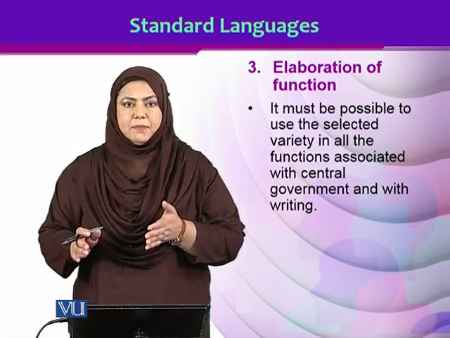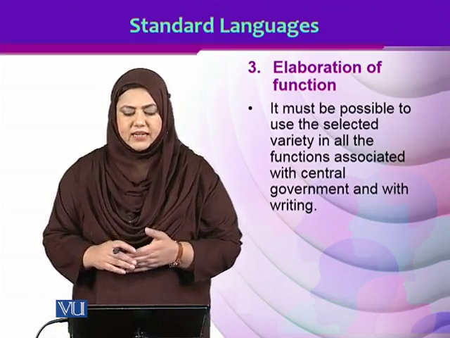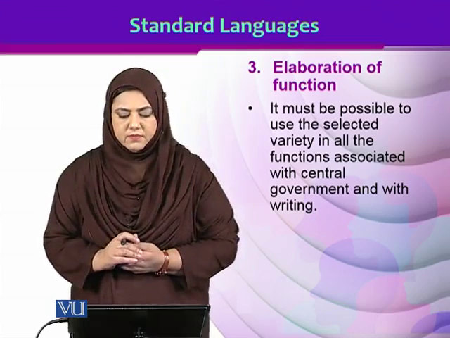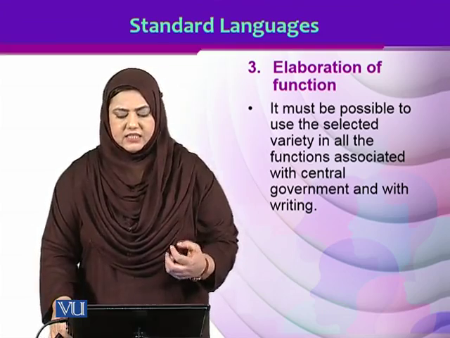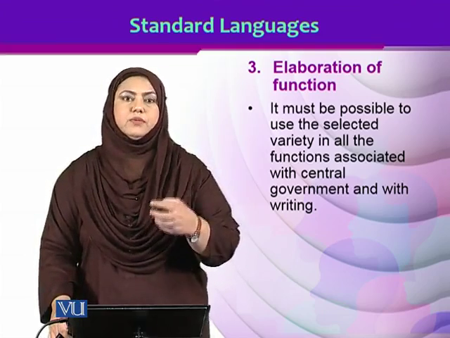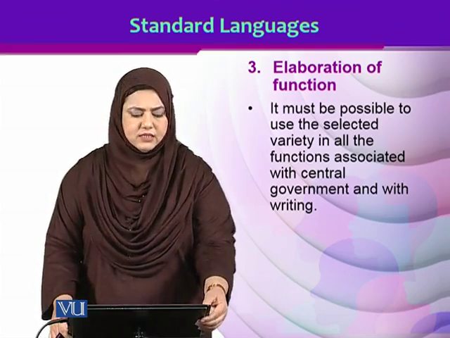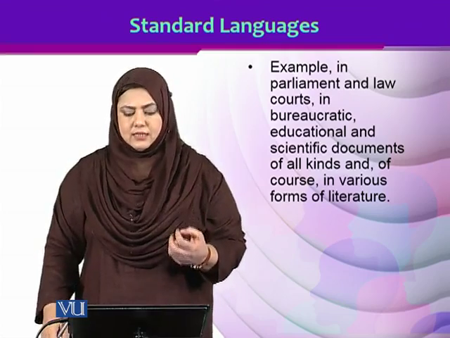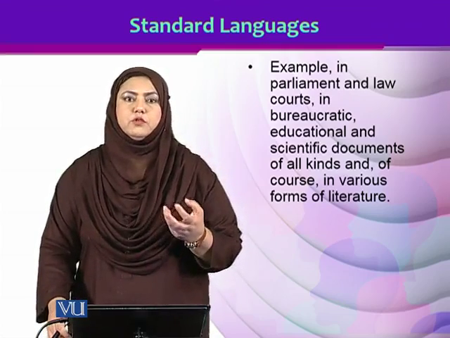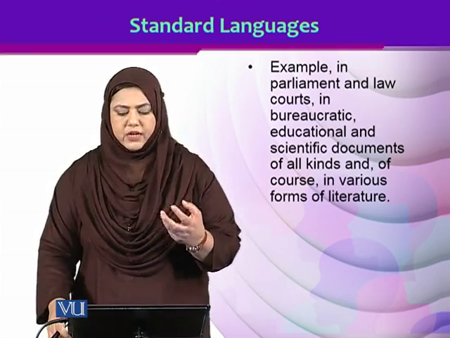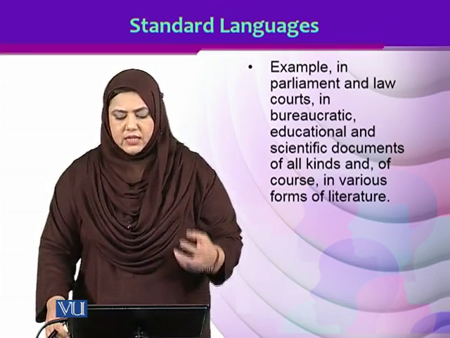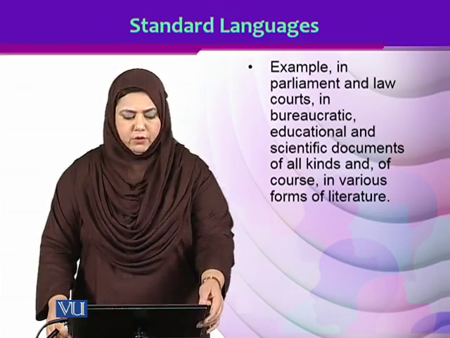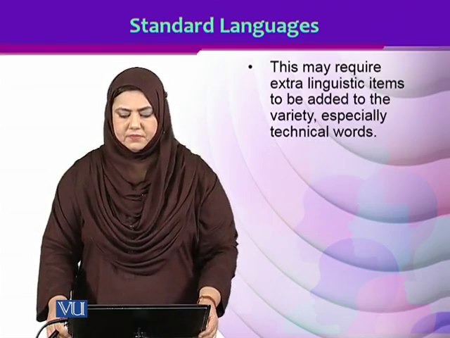The third step, a natural result of that, is the elaboration of function. It must be possible to use the selected variety in all the functions associated with central government or with writing. So mainly this language would be used for parliament, laws, education, bureaucracy, scientific documentation, and of course various forms of literature as well.